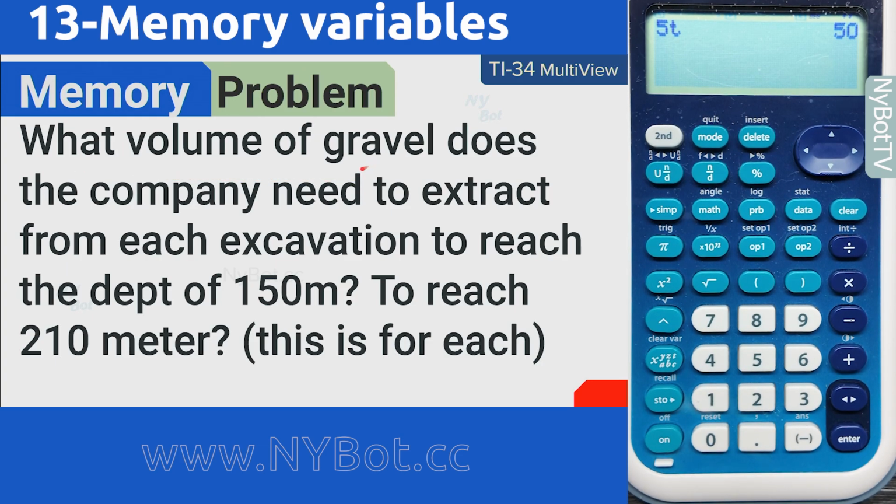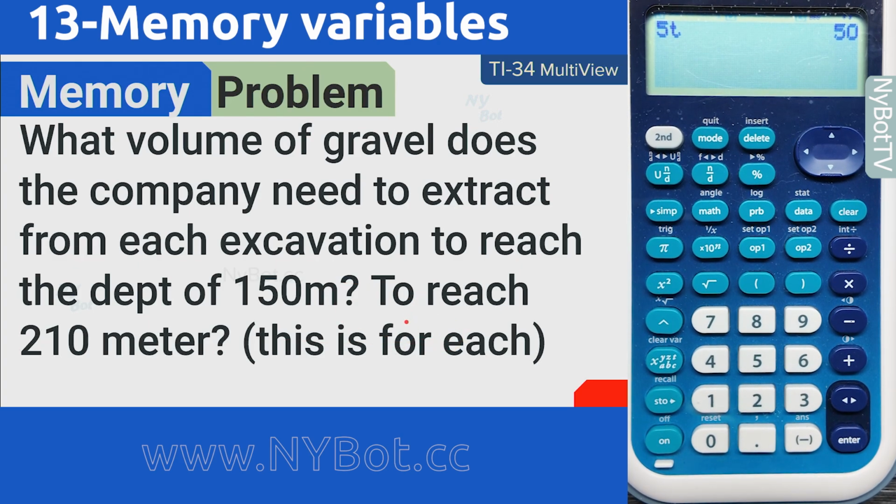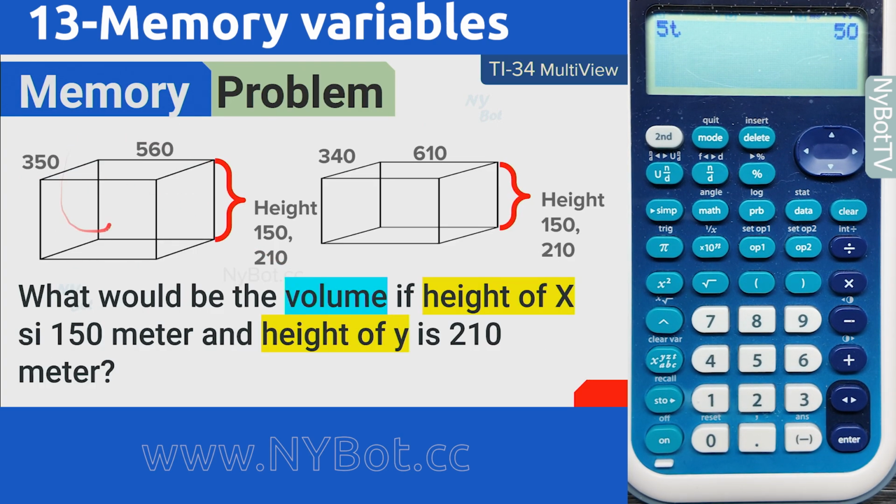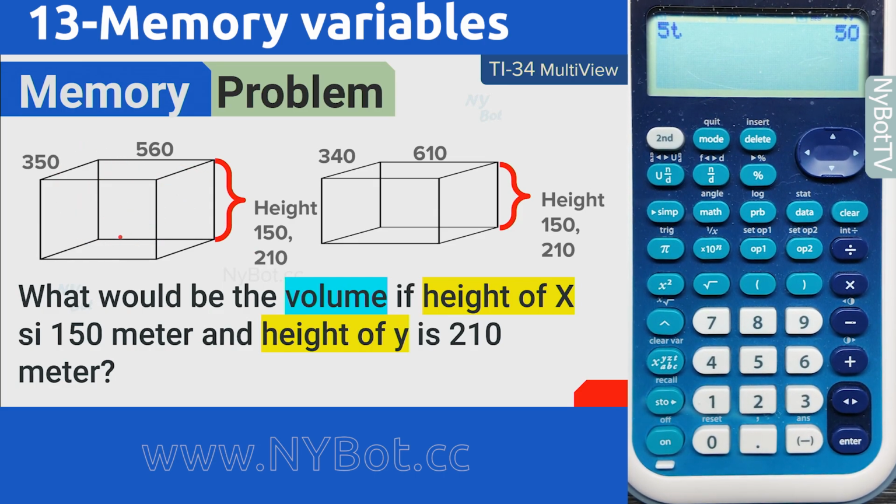What volume of the gravel does the company need to extract from each excavation to reach the depth of 150 meters to reach 230 meters? This is for each. So now for this, we want to find out at 150 and at 200 and 210 how much cubic meter of gravel will be excavated, and for this dimension also.